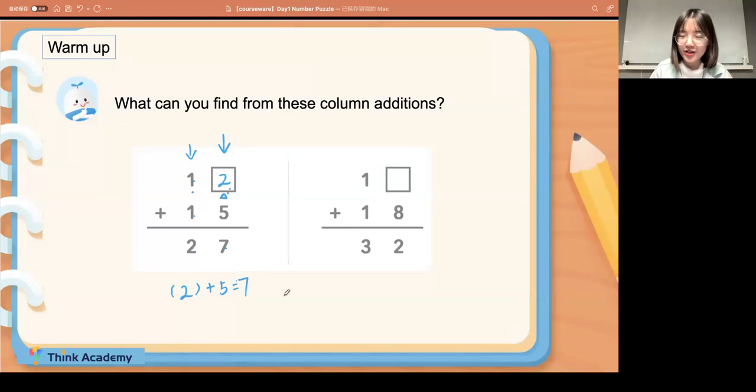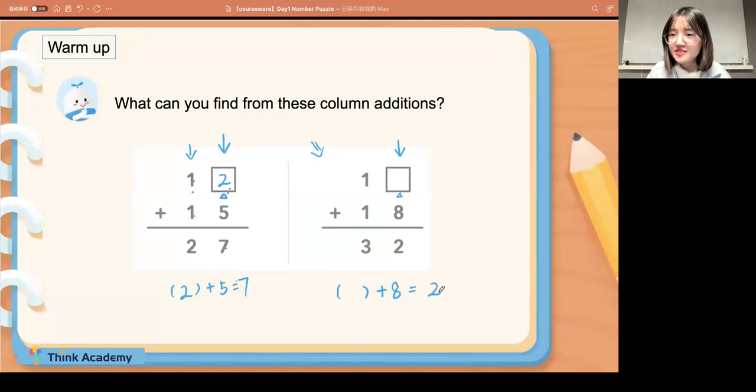Okay, everyone, now if you're ready, then we can go to the second question, okay? For this question, actually, I'm a little confused. For this blank, I will leave you 3 seconds, and can you think about the answer and type in the chat box? Oh, I can see lots of 4 in the chat box. But if I take a look at the ones column, I will see 1 number plus 8 equals 2.